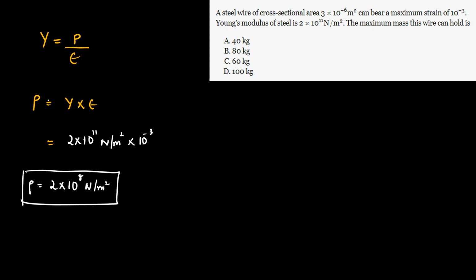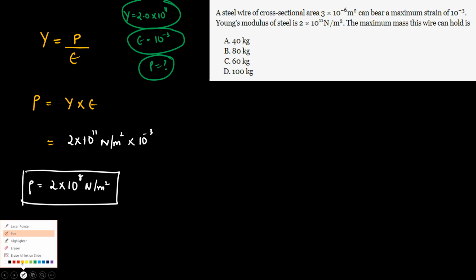Did you understand how I have got the value of sigma from Young's modulus and epsilon? Because both of them were given to you over here, right? Y was given to you as 2.0 multiplied by 10 raised to the power of 11, and epsilon is 10 raised to the power of negative 3. You have to find out your sigma.